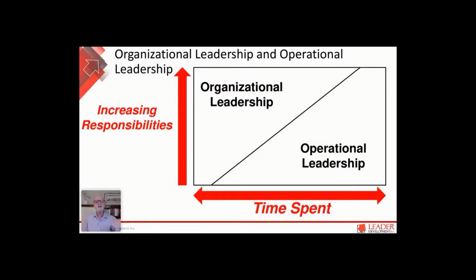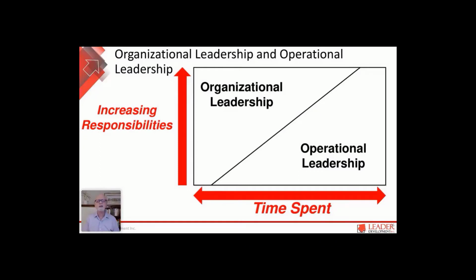But then as our responsibilities increase and we end up heading a department or a business unit or a whole organization, then our focus becomes much more like the captain on the bridge. It's much more external, making sure that we're getting this ship, whether it's a department or a whole organization, to the right port of destination.